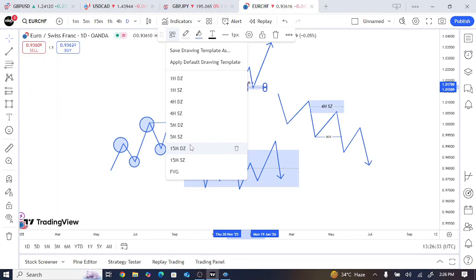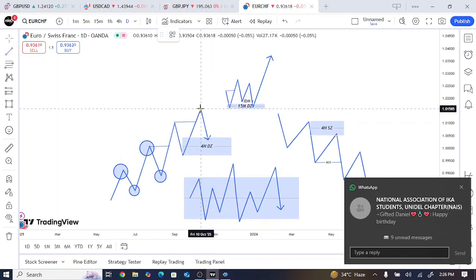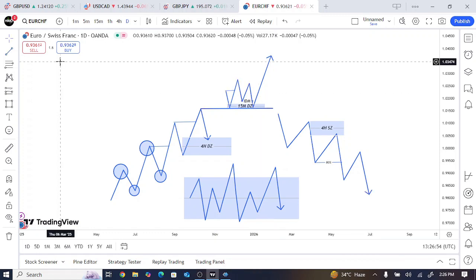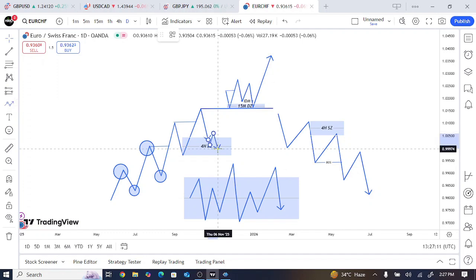You see why we target this 4 hour high, meaning this whole movement in the 4 hour may look like this.